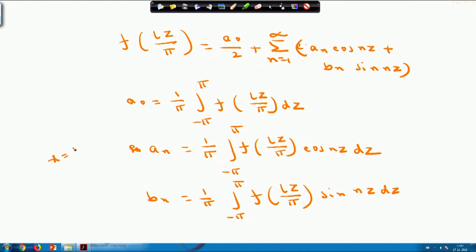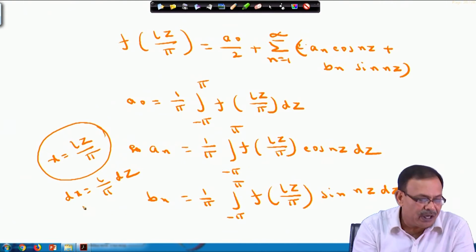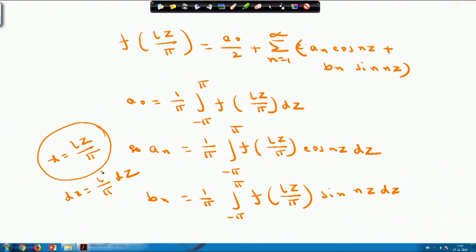I know that x equals L z by pi. If I substitute this, dx will become L by pi times dz. So now this dz I can replace in terms of dx, and z I can transform in terms of x.